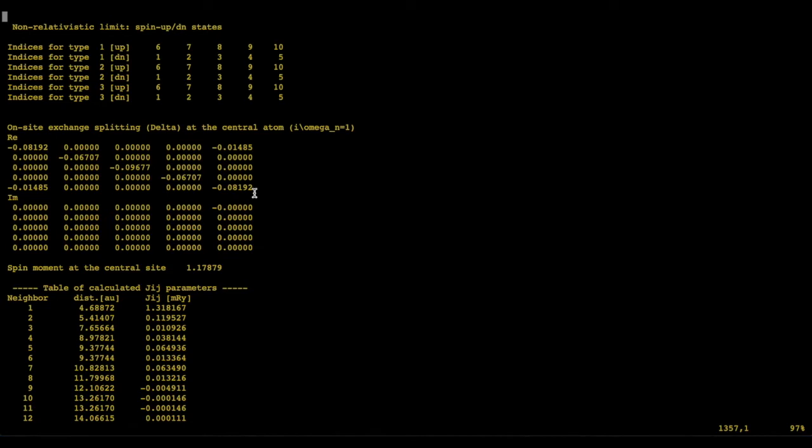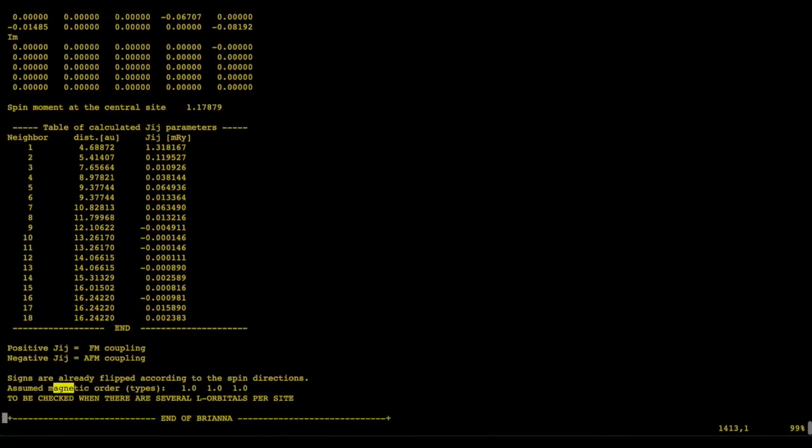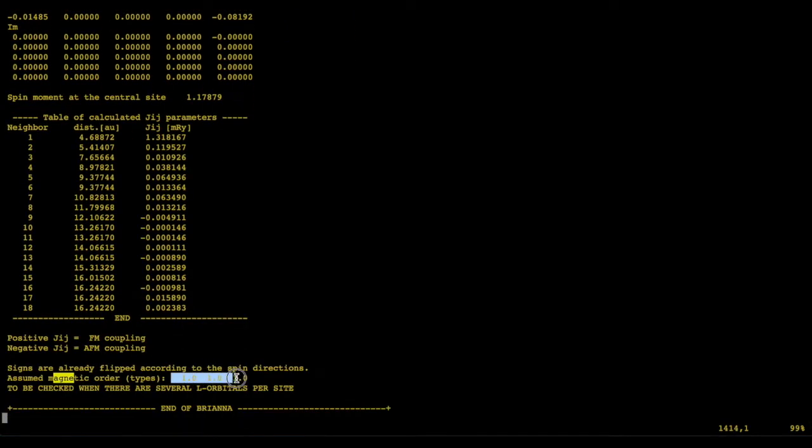So if the trace is negative, it means that the magnetic moment is pointing up, because it means that the spin-up states are lower in energy compared to the spin-down states. So here the code assumes the following directions of the magnetic moments. In my experience, it never fails, but you have to be careful.